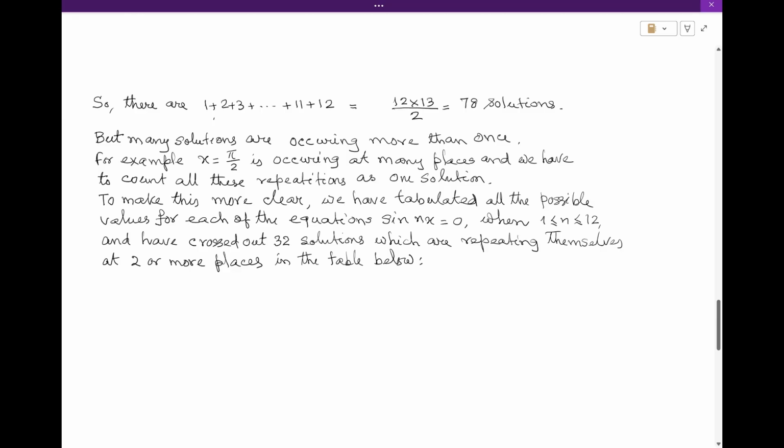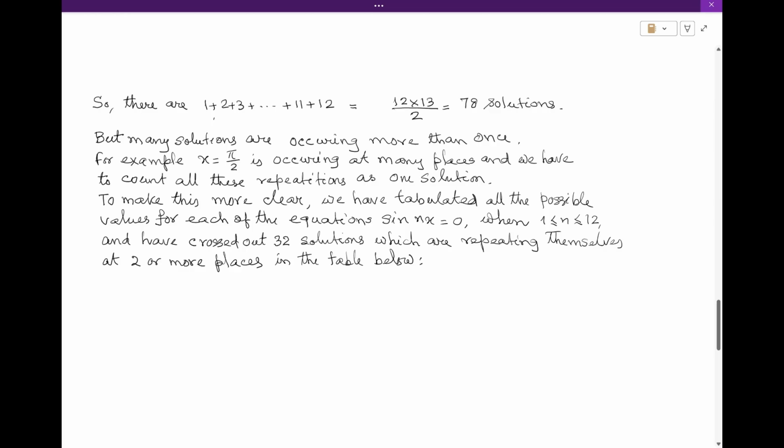We know that 1 plus 2 plus 3 plus up to n is equal to n multiplied by n plus 1 by 2. In this case, n is 12. Therefore, the answer will be 12 multiplied by 13 divided by 2, and that is 78.